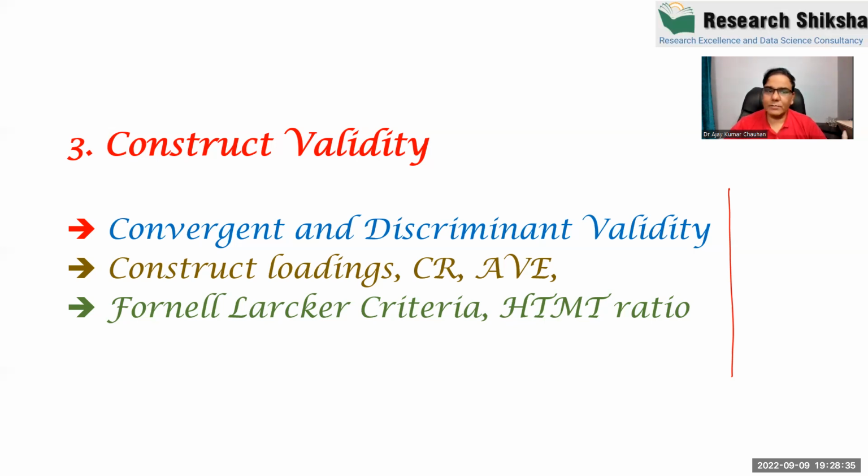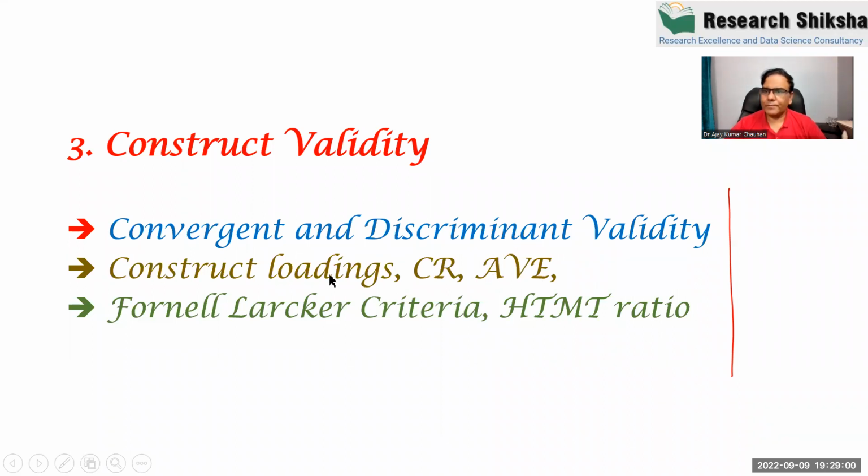So both things come in convergent validity. Convergent validity is measured by 3 measures. One is construct loading. Second is composite reliability. CR stands for composite reliability. AVE stands for average variance extracted. So let me tell you the definition of all the 3.